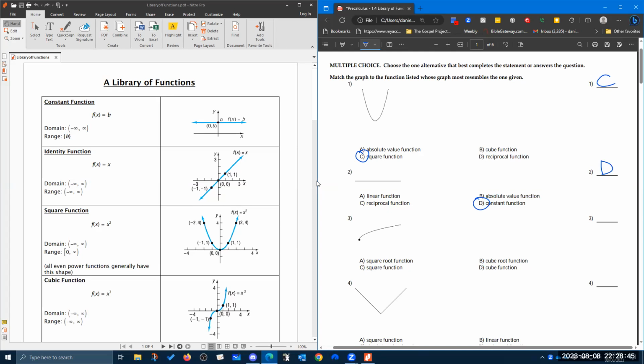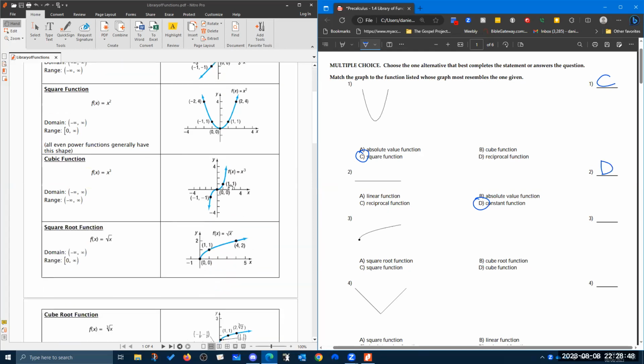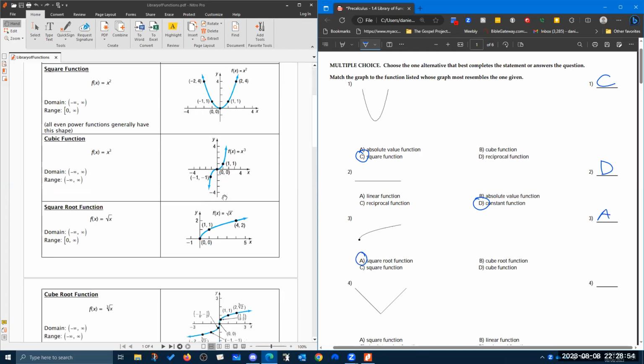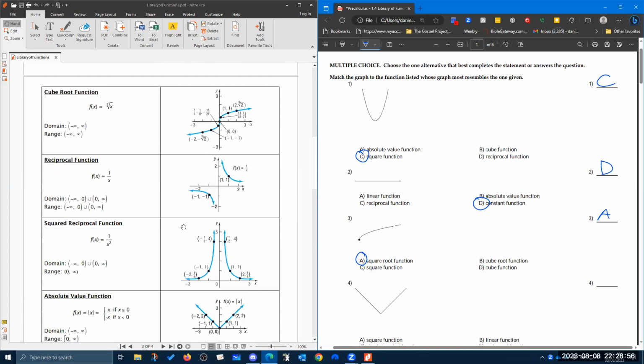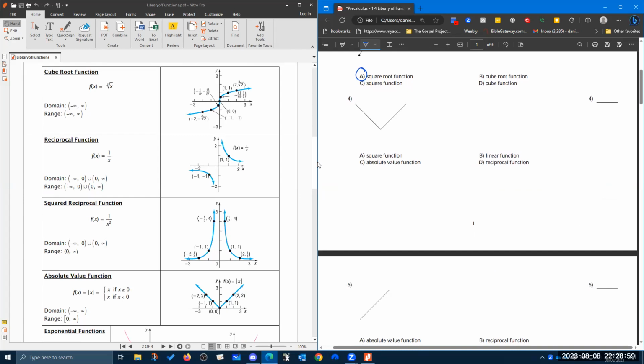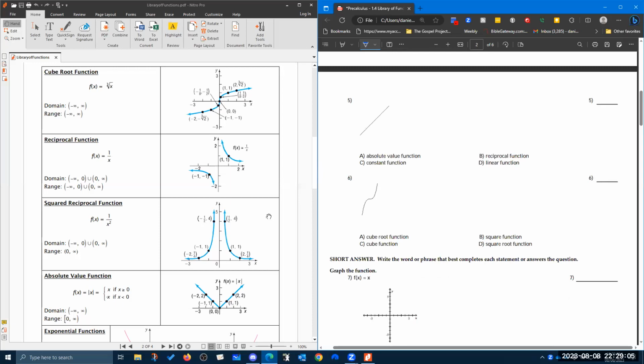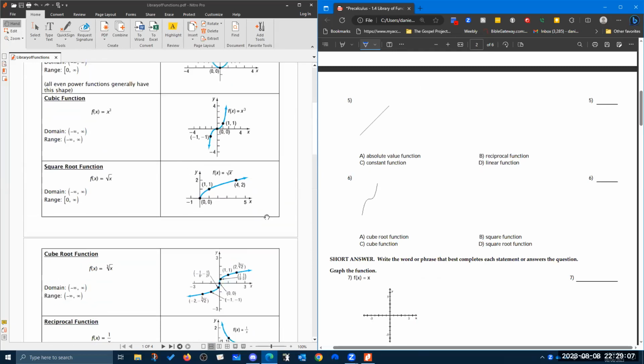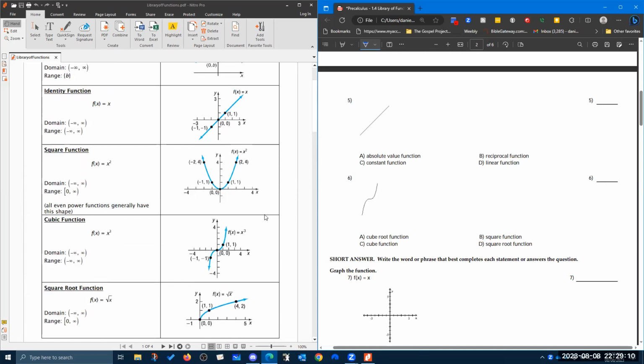Number 3, you're going to see is the shape of a square root function. 4 is the shape of the absolute value function. 5 is a linear function, which they're calling the identity function here, but we're going to call it a linear function. And then 6 is the shape of a cubic function, a cube function here, C.